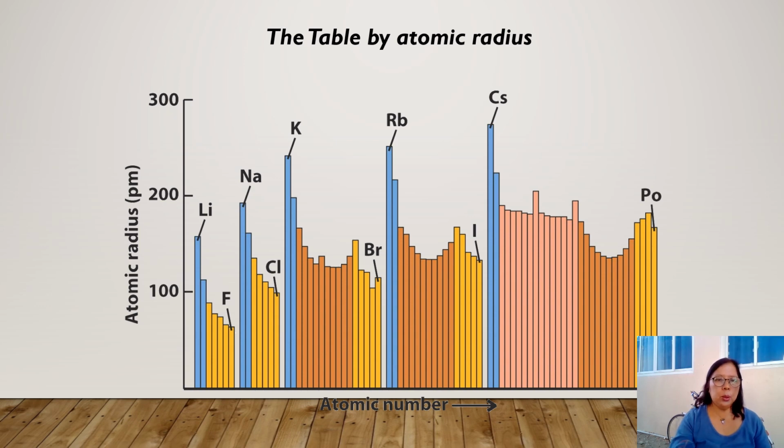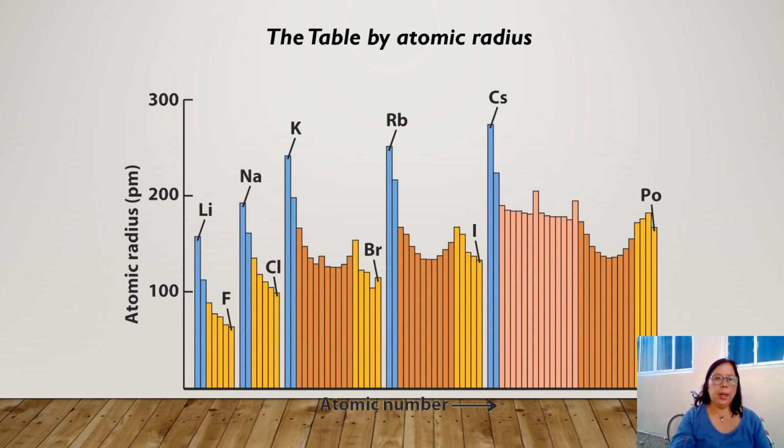Now, the smallest radius goes to fluorine, chlorine, bromine, and iodine. And where are these in the periodic table? They are found in group 7, or they are your halogens.